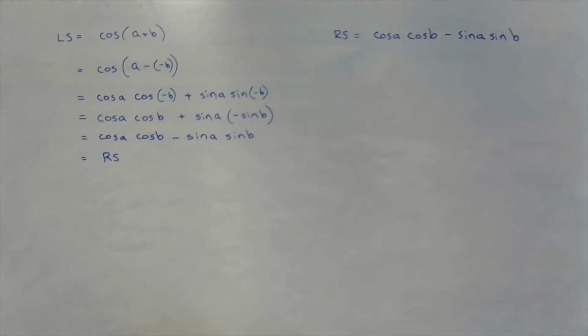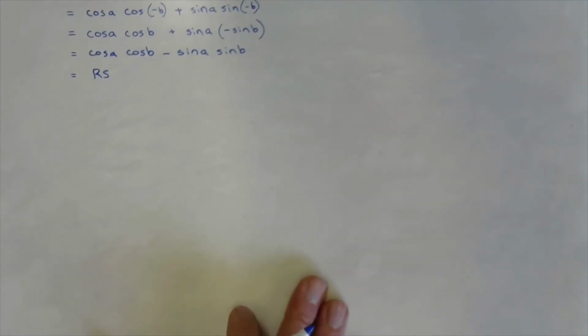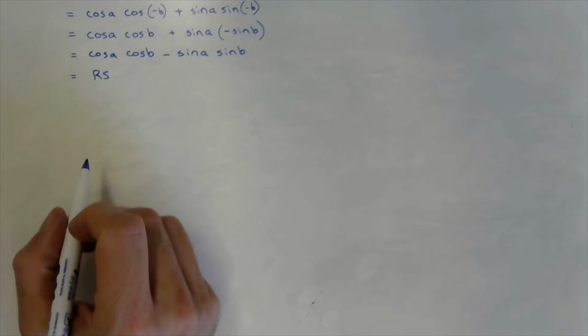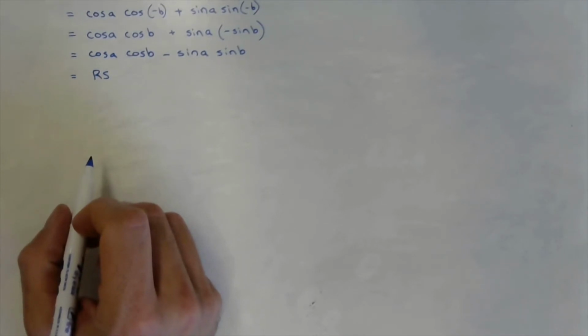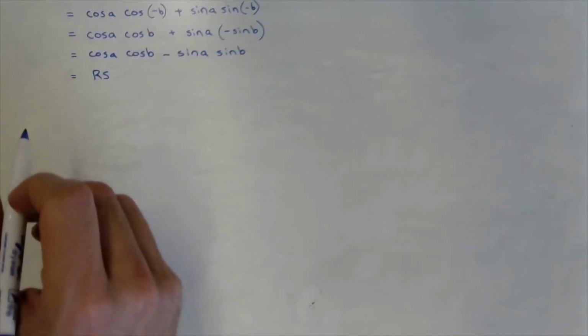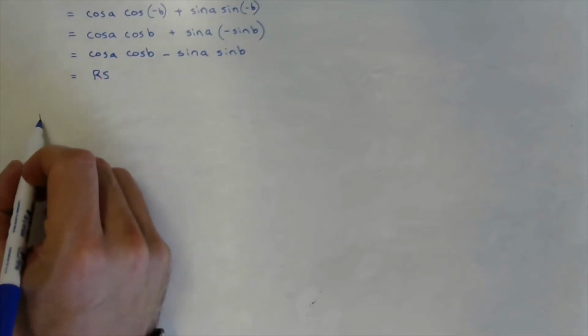Okay, example 2 says, prove the addition formula for sine using the correlated angle formula and the subtraction formula for cosine. So let's first write down left side, right side of what we're trying to do.